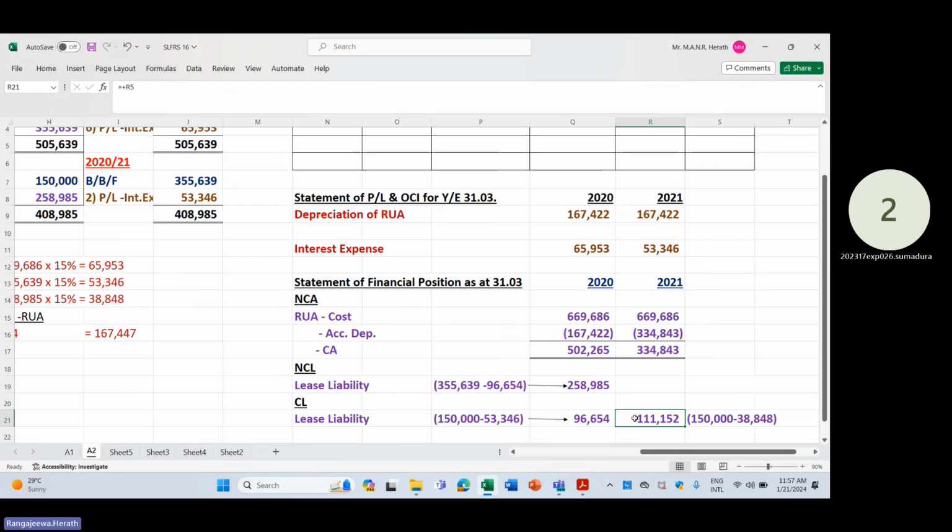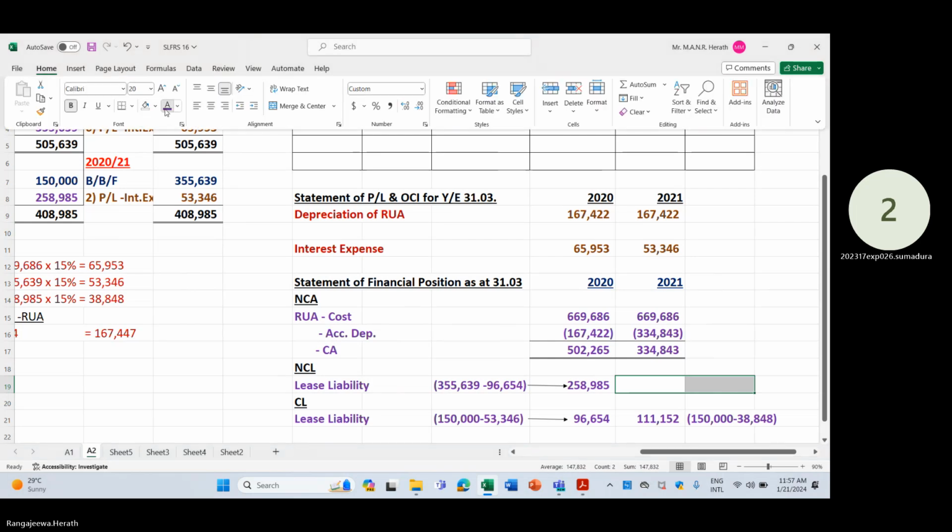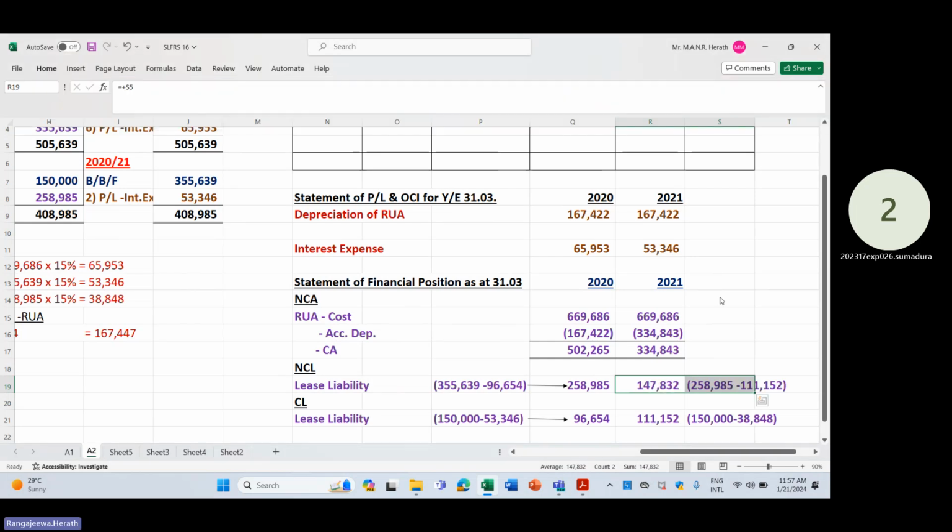So current portion is 111. Then from the 258, when you leave out 111, 147 is the non-current portion.